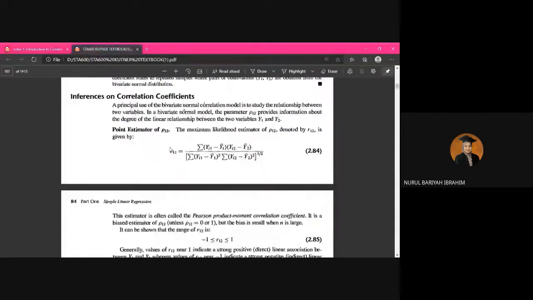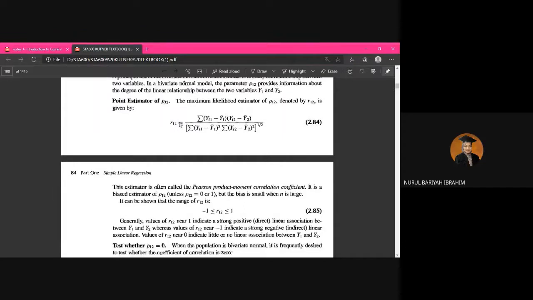Okay, the notation is R. This is the formula. In your textbook on page 83, this part uses Y1 and Y2.